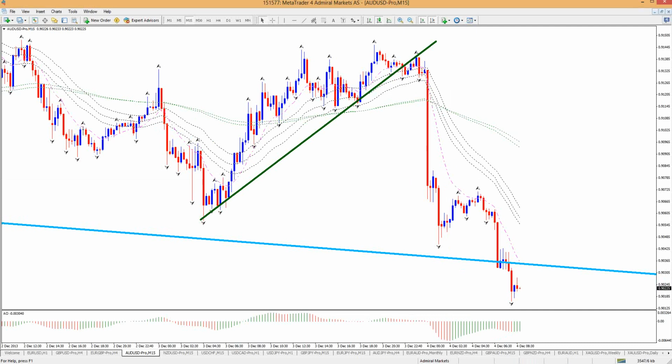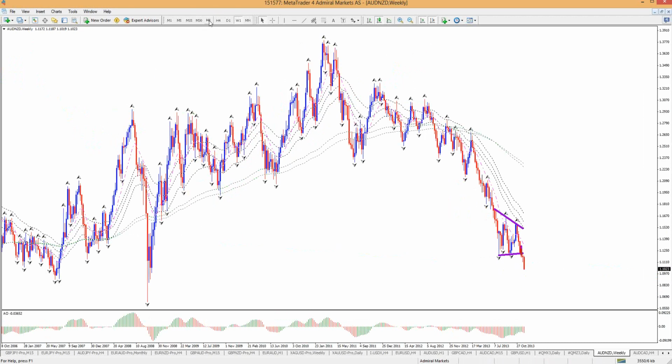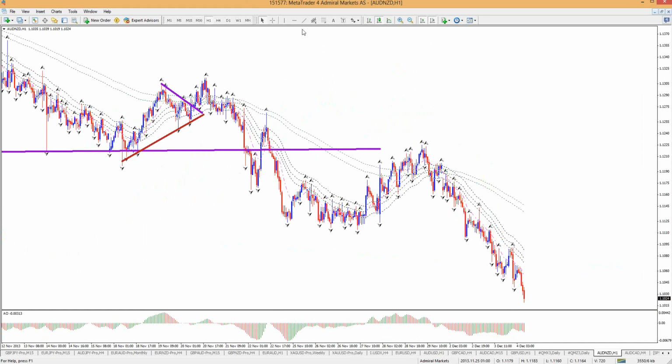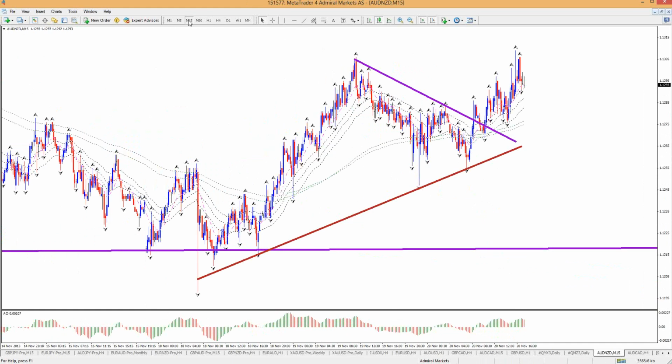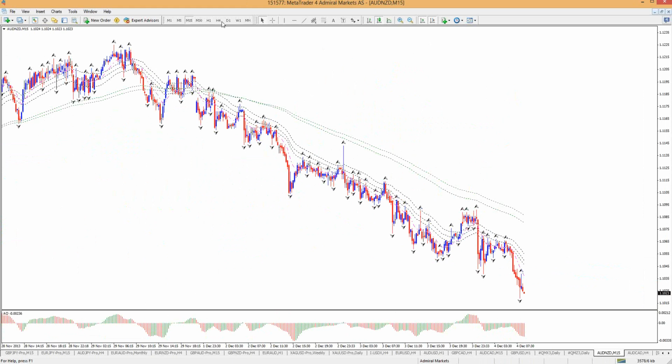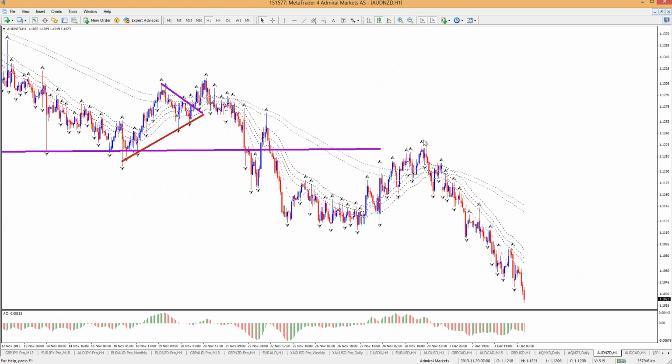Alrighty. Let me take a look at the AUD/NZD now. AUD/NZD is actually a very interesting case of a trend, because you can see a strong move down, a bit of correction, but then continuation here. And look at the moving averages here.